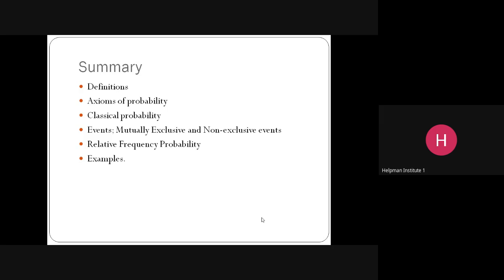If Bello is not there, you can use the message box. If you're having a problem talking, you can use the message box. It seems he's on mute, probably some technical issue.